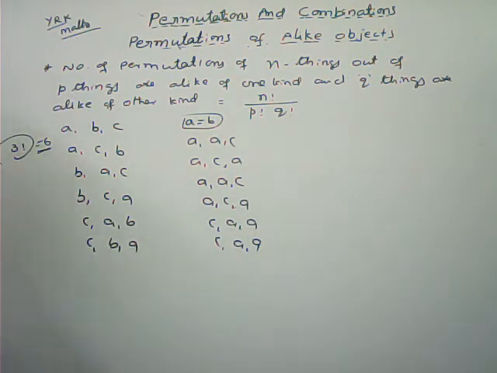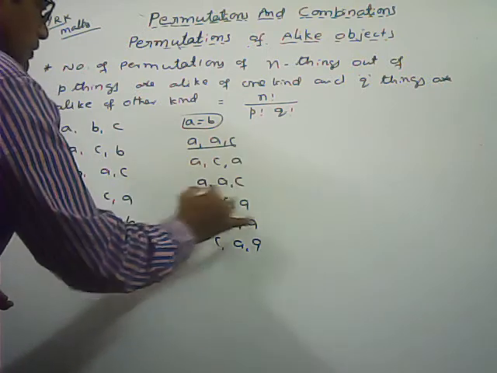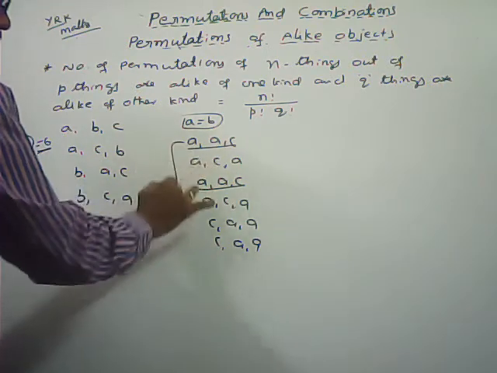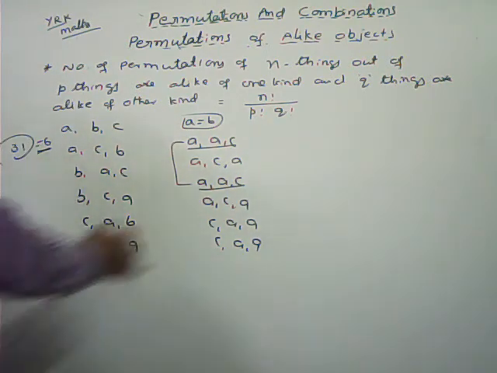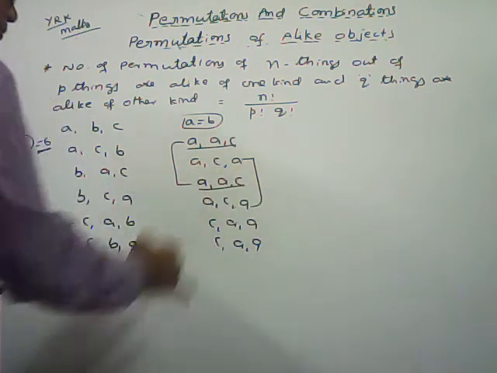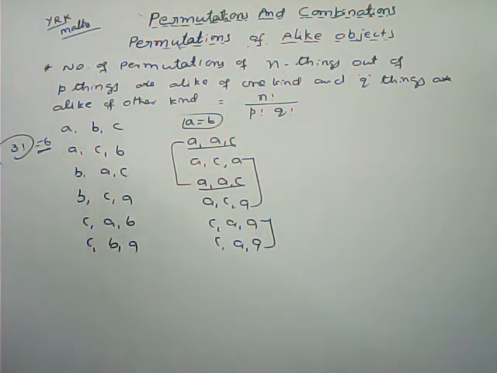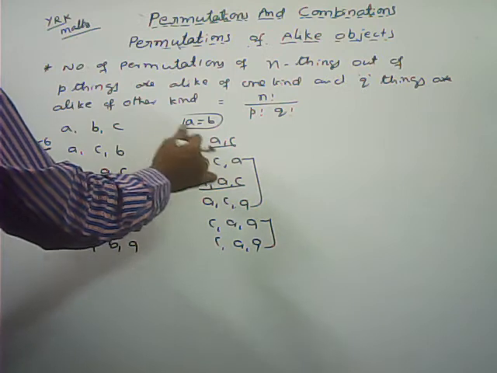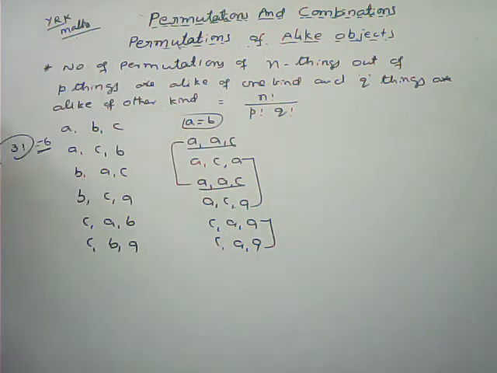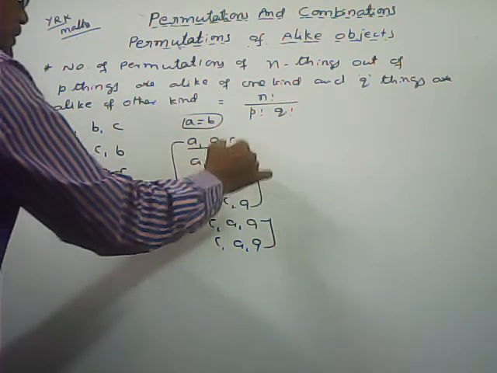Here B is replaced by A. Now you can see these two are the same, these two are the same, ACA, these two are the same, and CAA, these two are also the same. So if A is equal to B, each one is repeated 2 times.